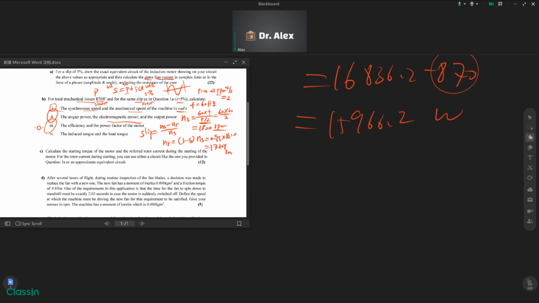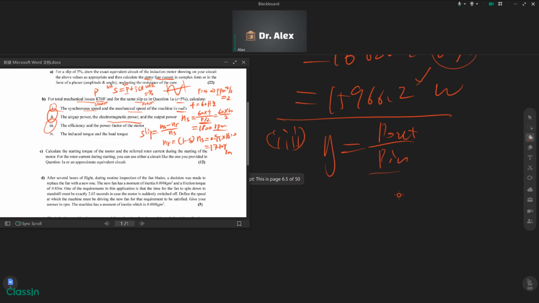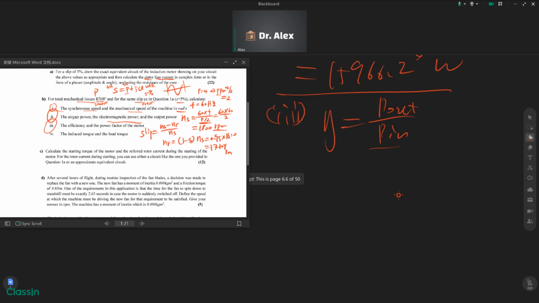The third one, the efficiency. Efficiency means the output power divided by input power. We have the value of output power, so the only thing for us to solve is the input power. Input power is quite straightforward. P equals what?